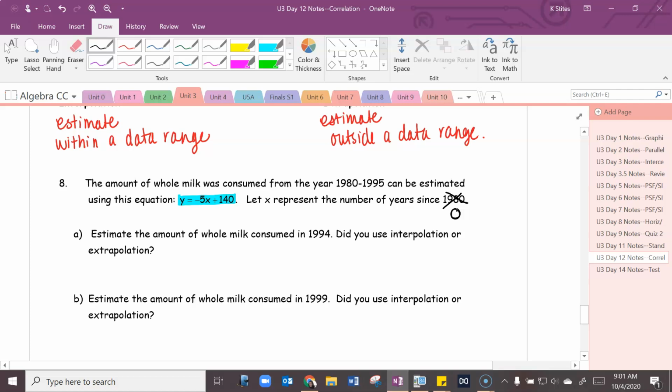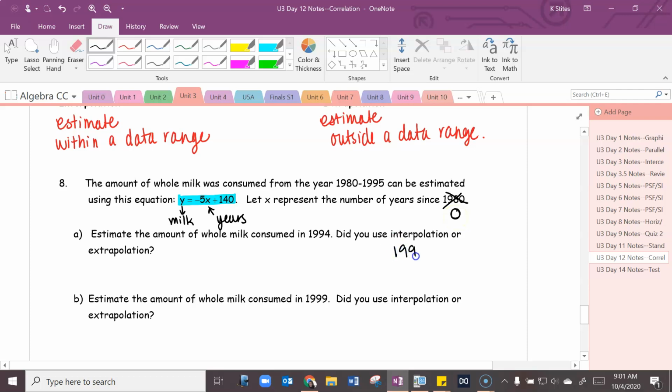Okay, so here's how we're going to do this. Our whole milk, the amount of whole milk that we have is Y. And it says X is representing years. All right, we want the year 1994. But 1980 is our starting year. So the first thing you need to determine is how many years have actually passed.